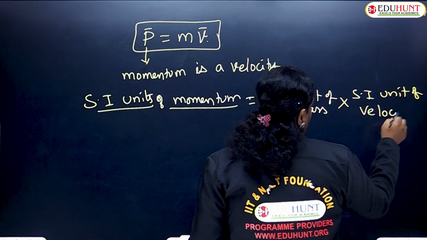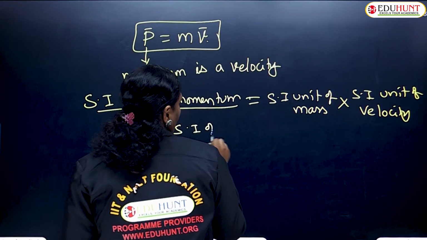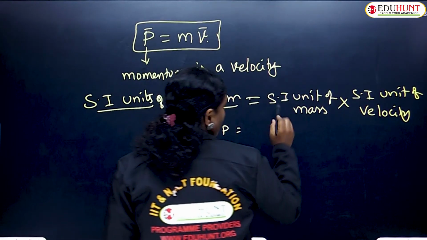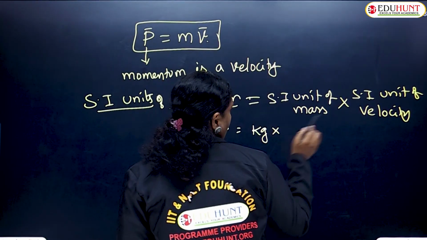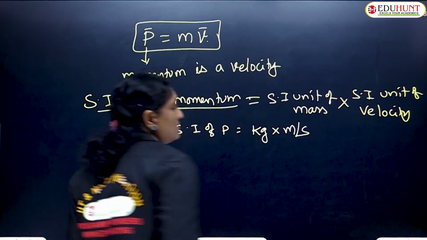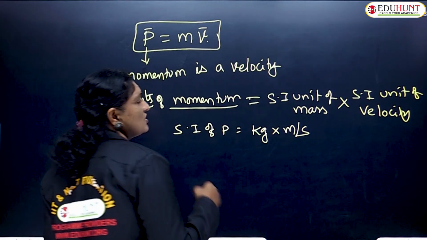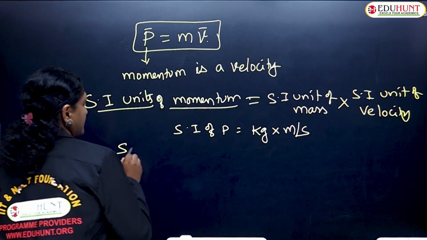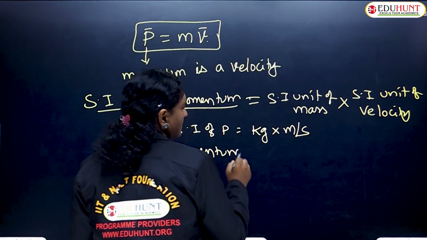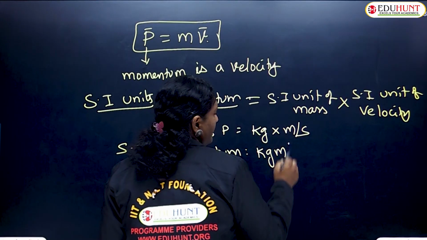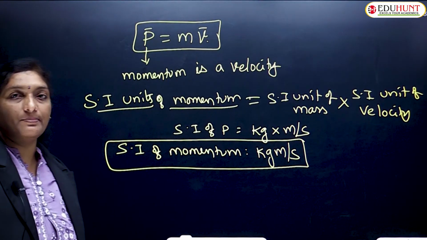The SI unit of mass is kg and the SI unit of velocity is meter per second. Hence the SI unit of momentum is kg meter per second. This you need to remember, children.